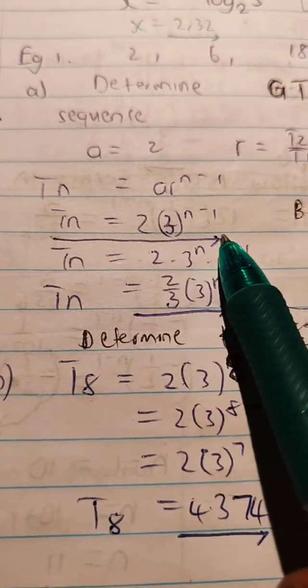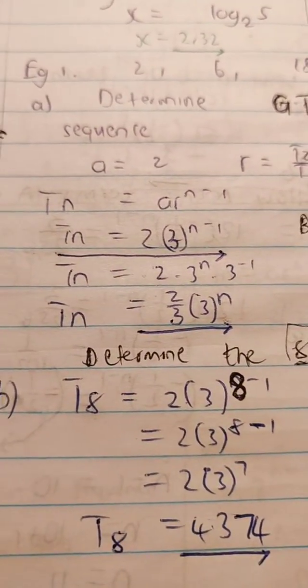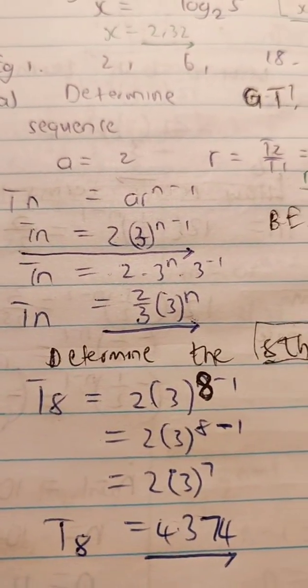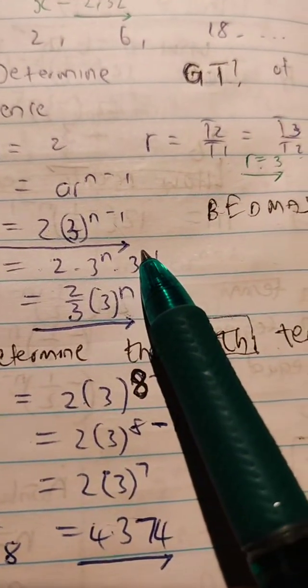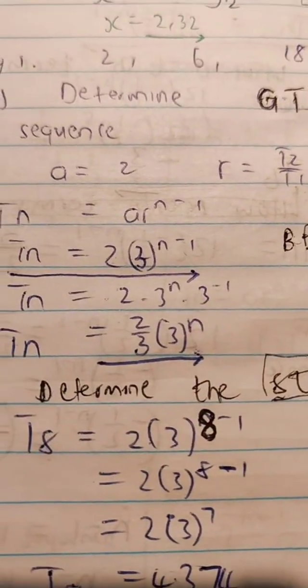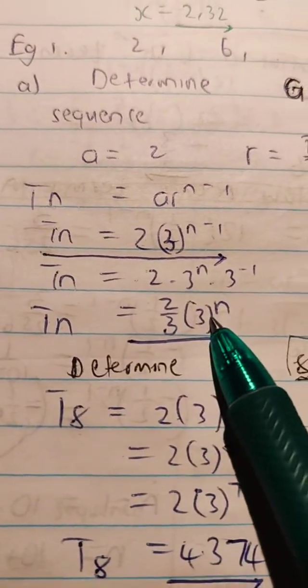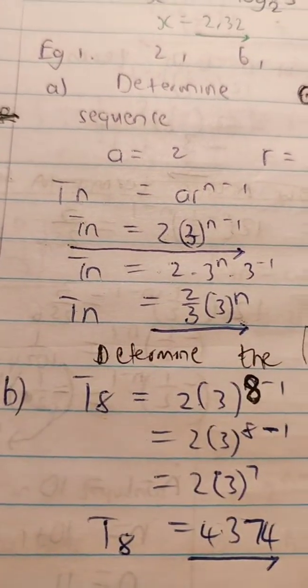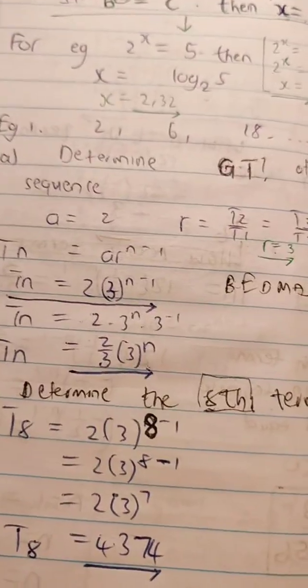Guys, you would be fine if you left it like this, right? It's just that, of course, at the end of the day, if you want to simplify it to completion, leaving your answer so that there's no negative exponents, then you can say 2 over 3 brackets 3 to the power n. That's also fine. No difference.